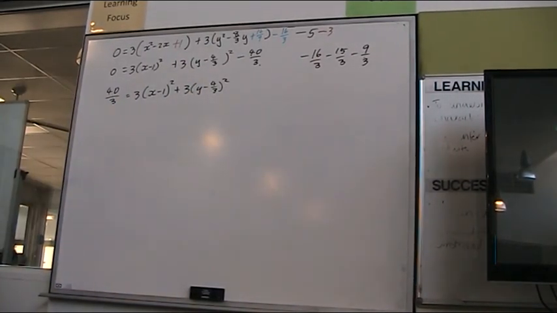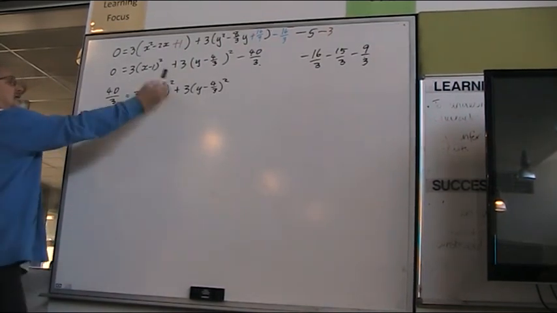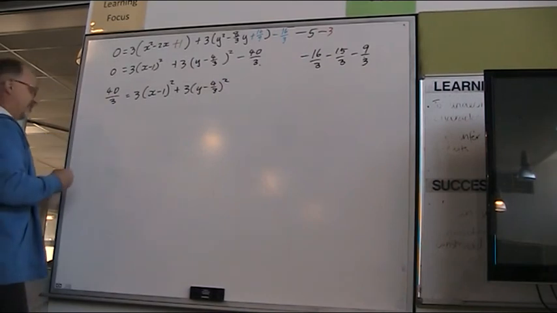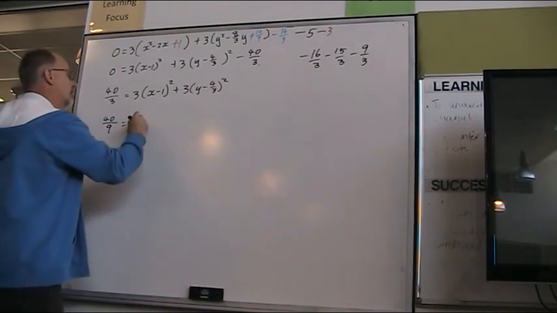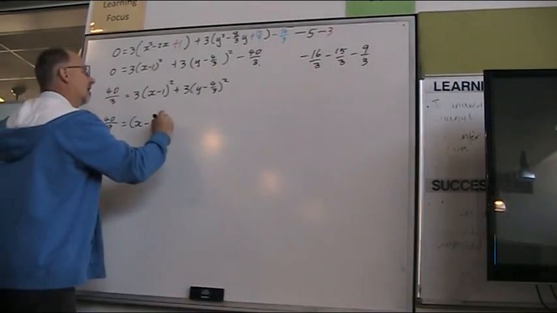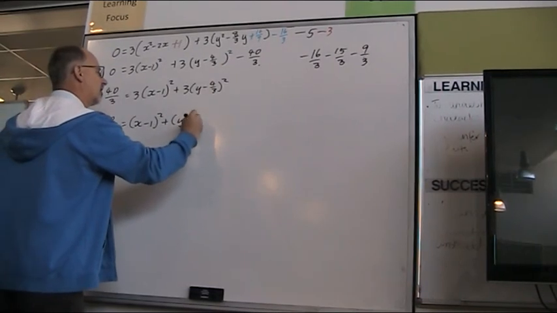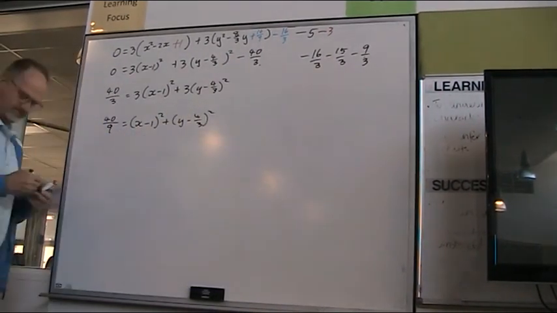And then divide by 3. Yep, we don't want these 3's here, we need them over there. So divide everything by 3. I've got 40 over 9 equals x minus 1 squared plus y minus 4/3 squared.